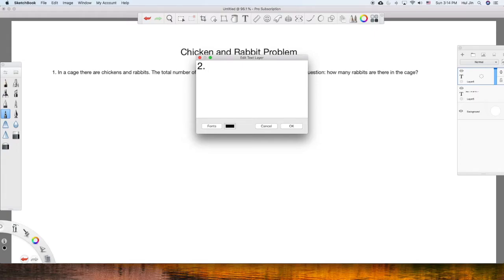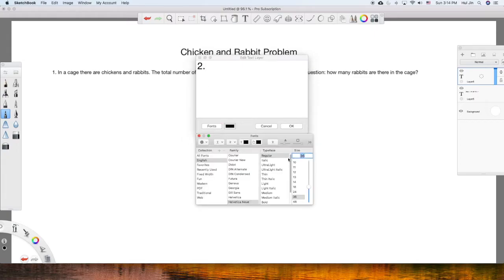It's the same as problem number 1, but the total number of heads is 100. The number of legs is 350. The question is again the same: how many rabbits?